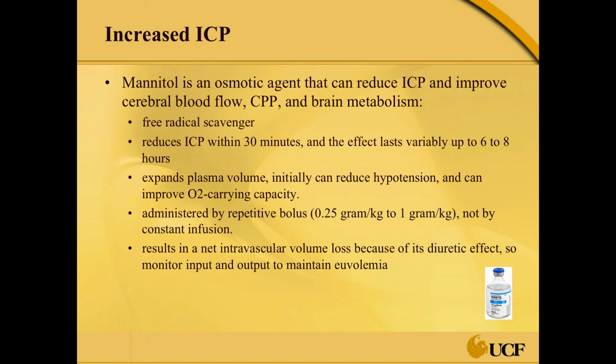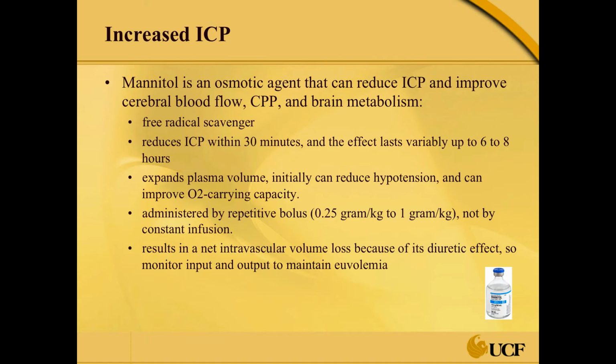Mannitol is an osmotic agent that can reduce ICP and improve cerebral blood flow, CPP, and brain metabolism. However, we learned in critical care pharmacology last semester, or whenever you took it, that we do not give mannitol to patients with bleeds. So if the patient has a bleed in the brain, then we never ever give mannitol.